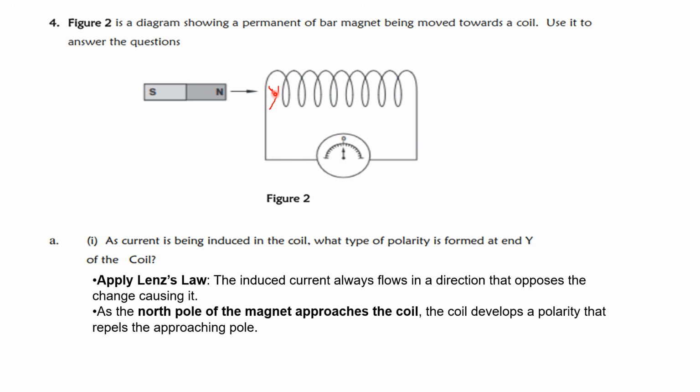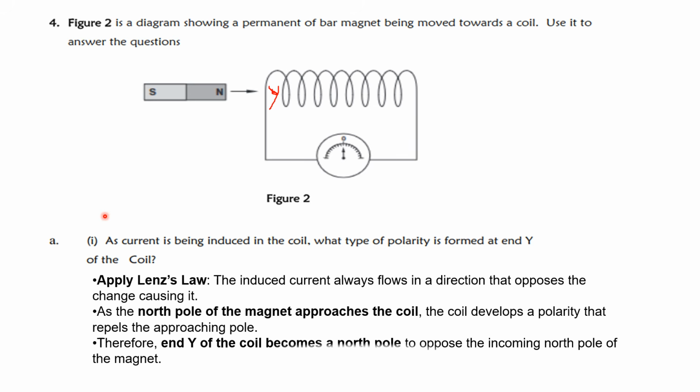Therefore, Y of the coil becomes north pole to oppose the incoming north pole of the magnet. If this is south, this will become south as well. But as it is, this is north, that means this is going to be north pole. And of course, by default, this is going to be south pole.